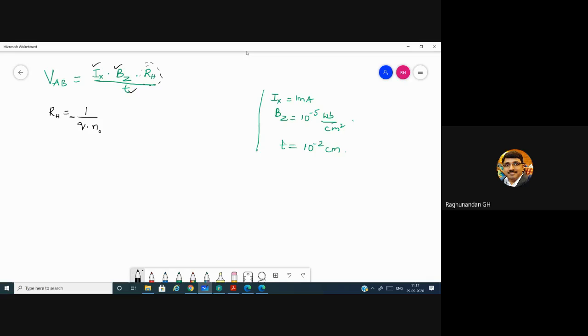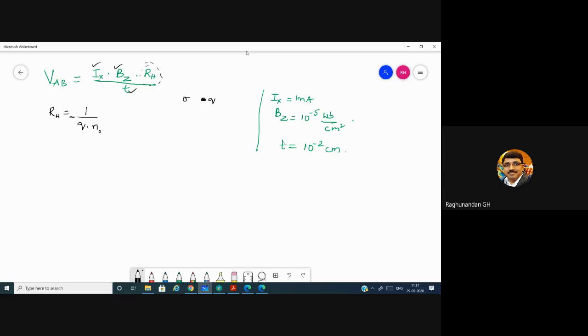Now I have a question or a doubt. Why in the conductivity didn't I take it as minus Q? I took it as just Q in conductivity. But here in the Hall coefficient, I am going to use minus. Why didn't I use minus in the conductivity or resistivity? I repeat the question.